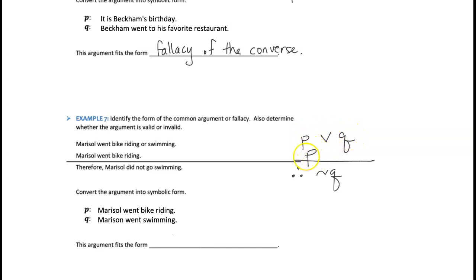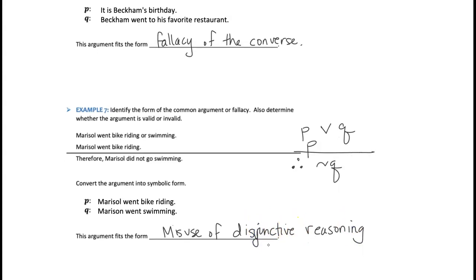If we know that statement P is true, it does not necessarily tell us any information about whether statement Q is true or whether statement Q is false, because they could both be true. So this is an example of the misuse of disjunctive reasoning. And that ends example 7.